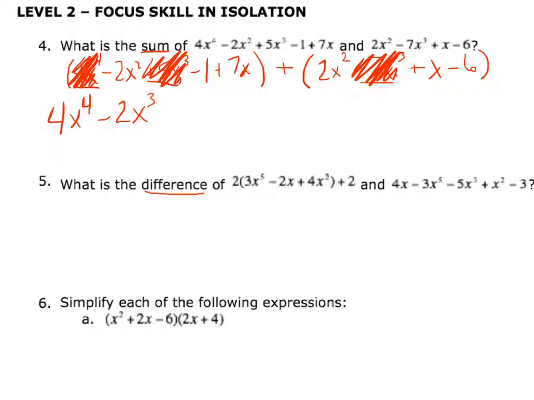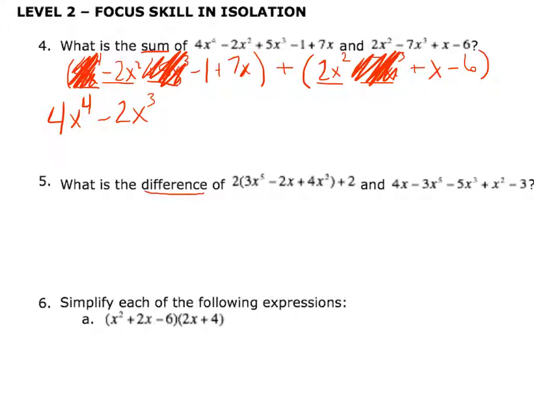Alright. Negative 2x squared and positive 2x squared. Now you need to be really careful here. If you have a negative of something and a positive of the exact same thing, they cancel each other out. That's like adding 0, which you don't actually need to add.